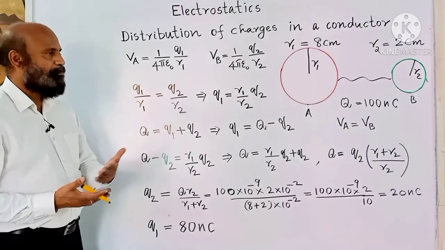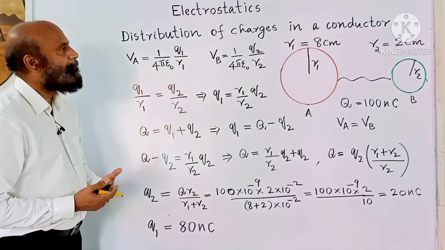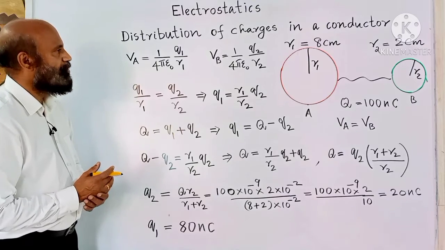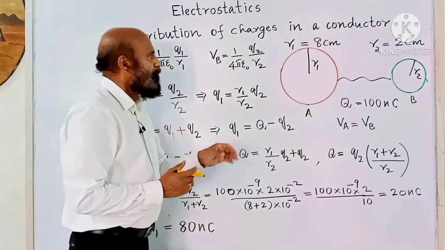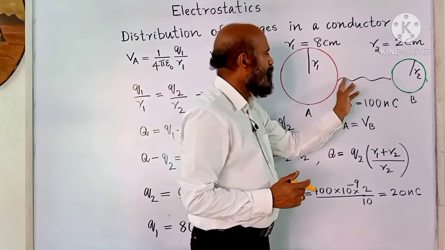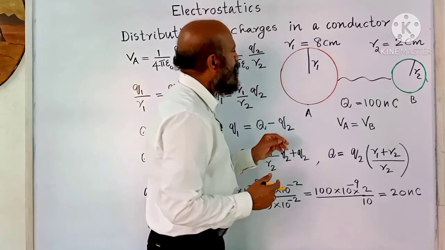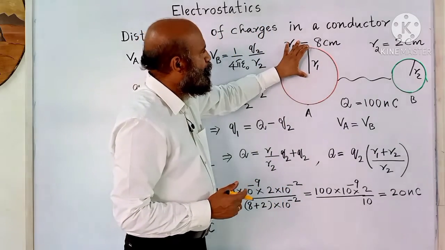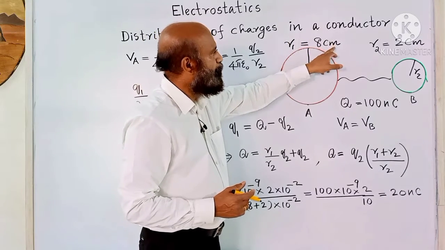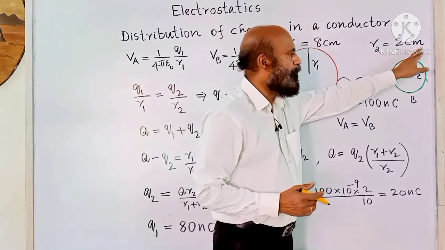Here there is an example to understand the distribution of charges. Two spheres are connected by a wire. The radius of the first sphere is 8 centimeter, second sphere 2 centimeter.